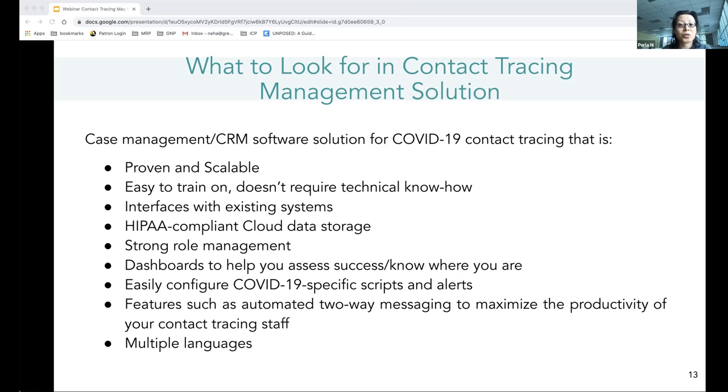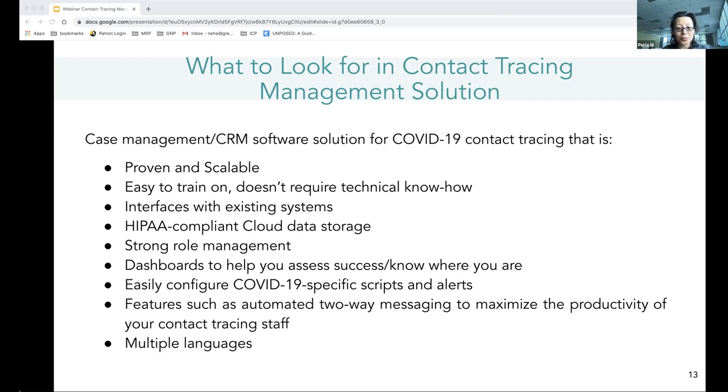You want a solution with strong role management so that you can differentiate between a staff member who's on the phone constantly versus a manager who has permissions to look into the productivity of the different staff contact tracers. And you want a lot of reporting functionality for that manager to be able to pull reports that they can use for your different government hearings.